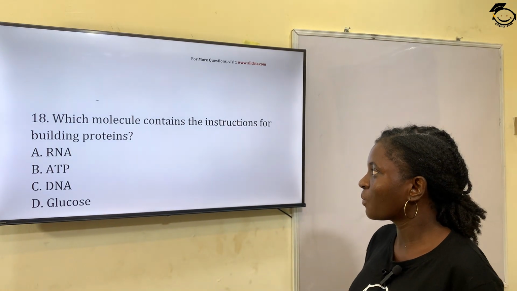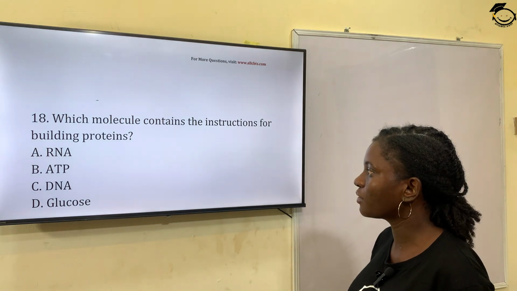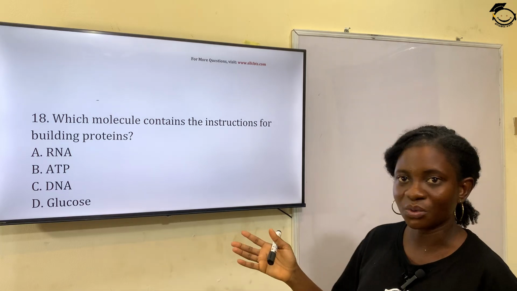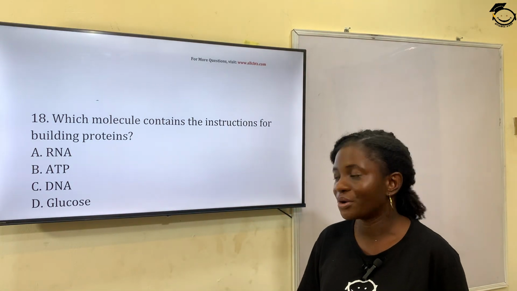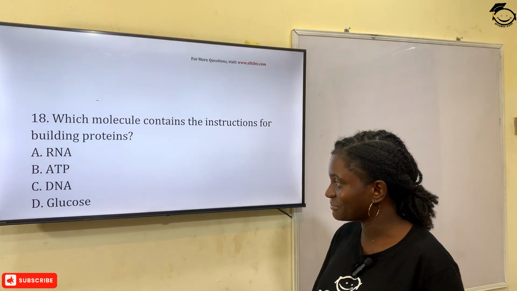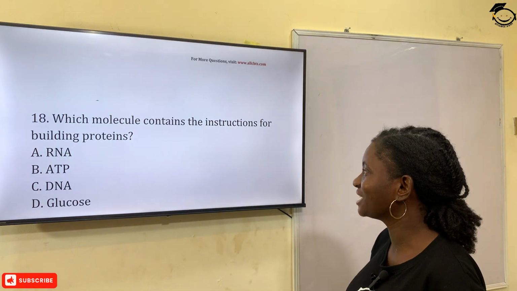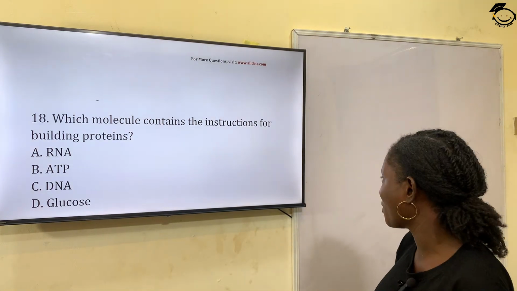Question 18. Which molecule contains the instruction for building protein? Option A, RNA; option B, ATP; option C, DNA; option D, glucose. The correct answer is DNA. Why?